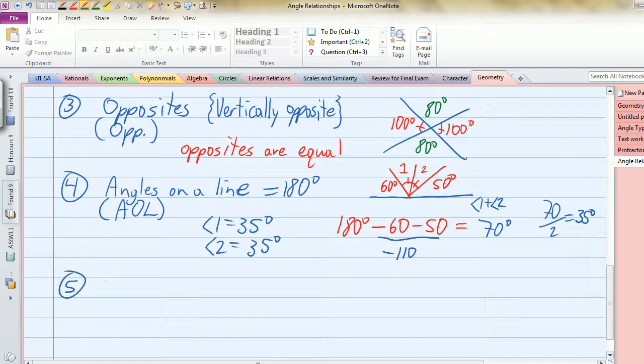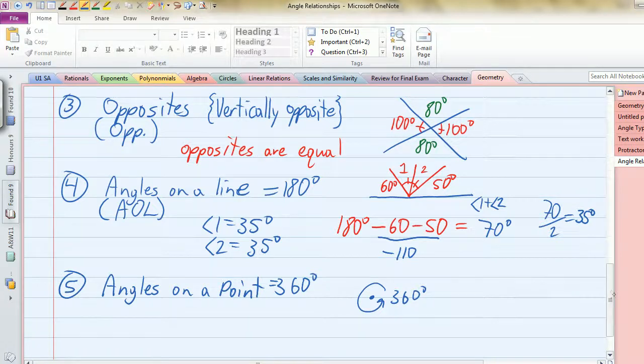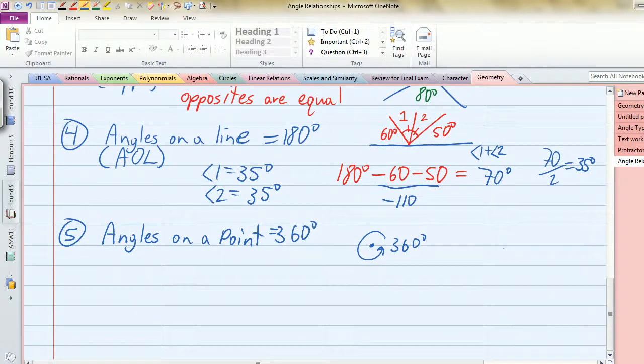Number 5. This is going to be very similar. Angles on a point. All the way around a point, you have a total in a circle of 360 degrees. So all angles must add up to 360 degrees. There are no exceptions. So looking at this diagram here, we'll say this is 160 degrees.